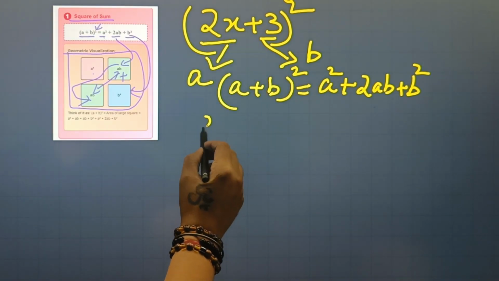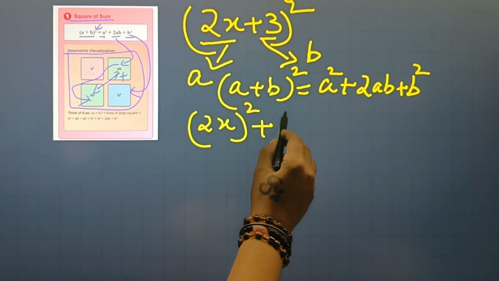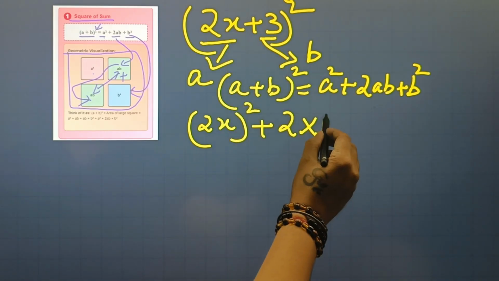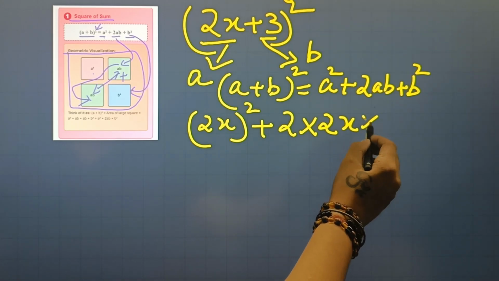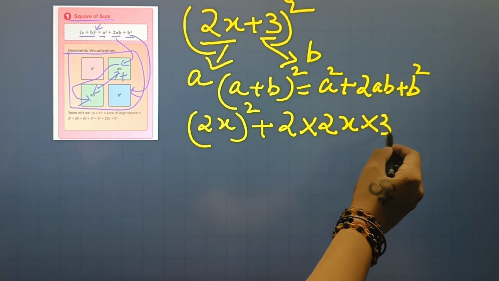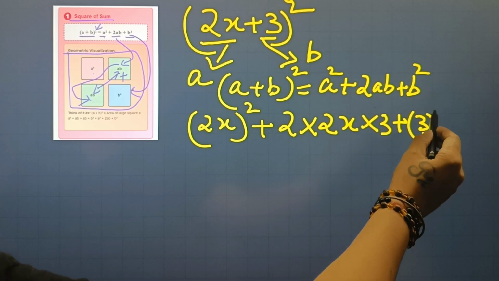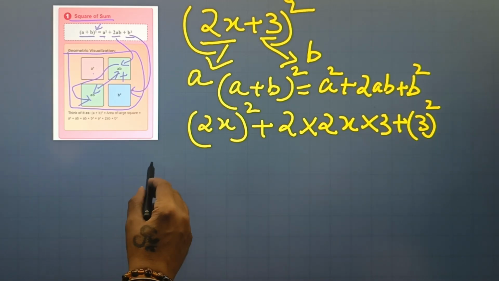So we get (2x)² + 2 into 2x, multiplied with b, which is 3, plus b², which is again 3². Very simple. Now we need to simplify these terms.